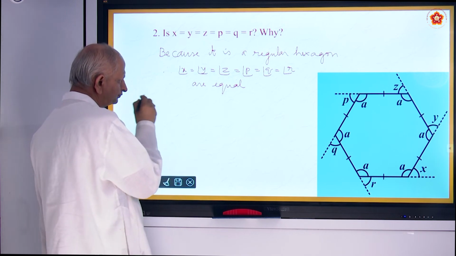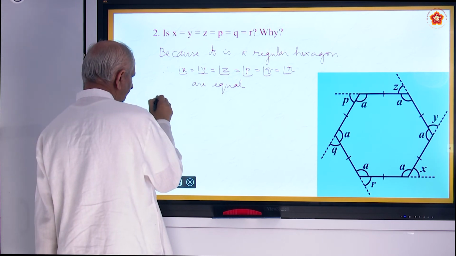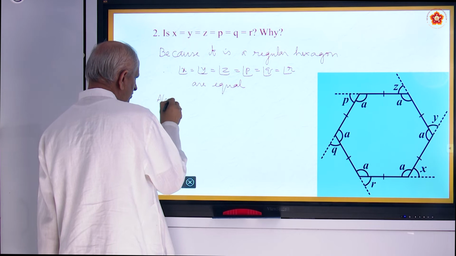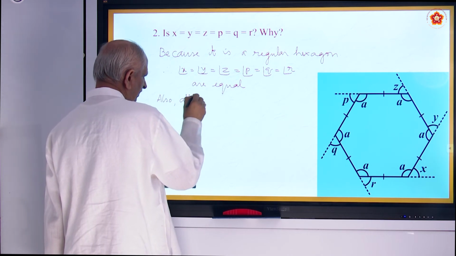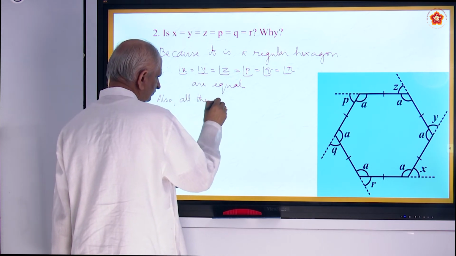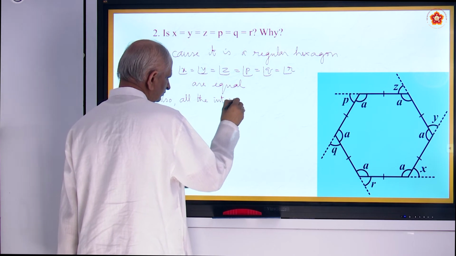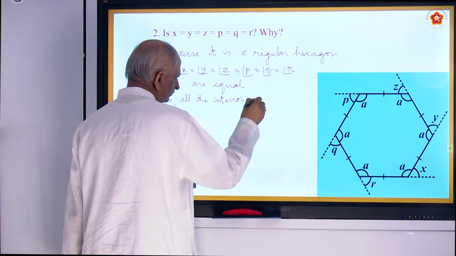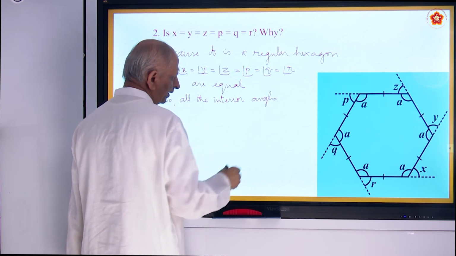Because also, one reason you can give: all the interior angles, what are they called?